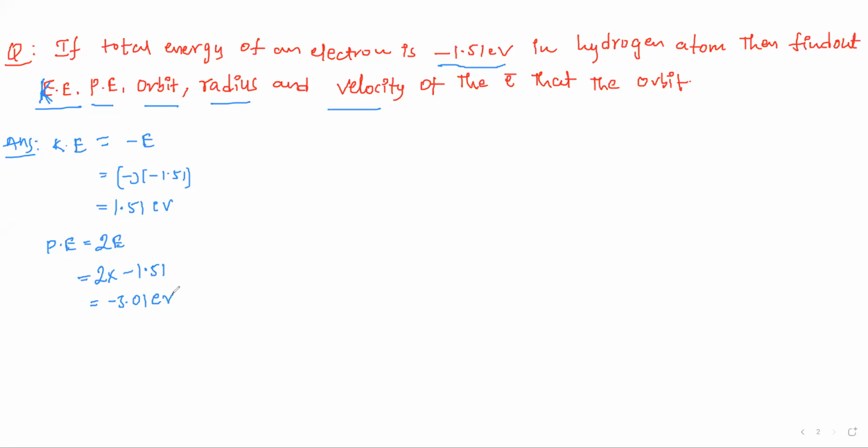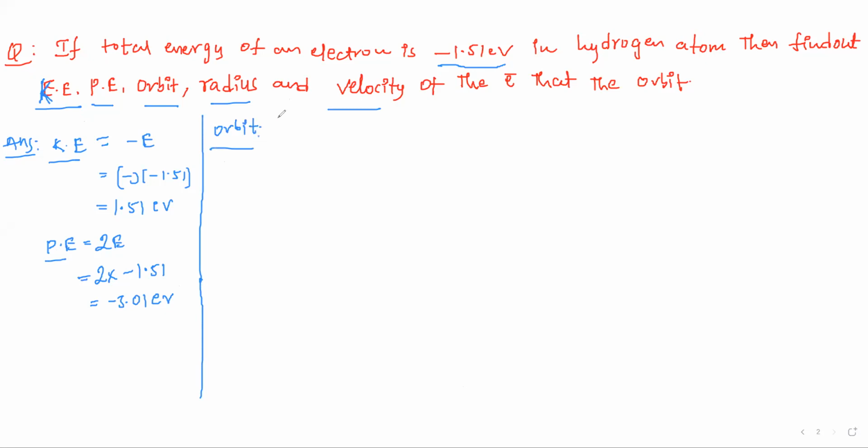We have to find the orbit, right? Which orbit is it? There we calculated kinetic energy and potential energy. Now the orbit.